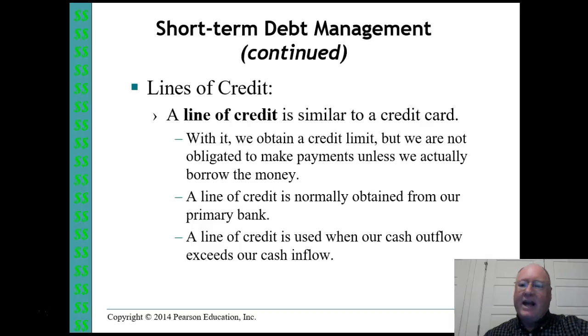It helps to smooth out and make sure that we're able to keep good customer relations even when our cash inflow might be slowing down for a little bit. And so having a line of credit is a great way of managing and taking care of the liability side, while we sometimes see some fluctuations on the asset side itself.